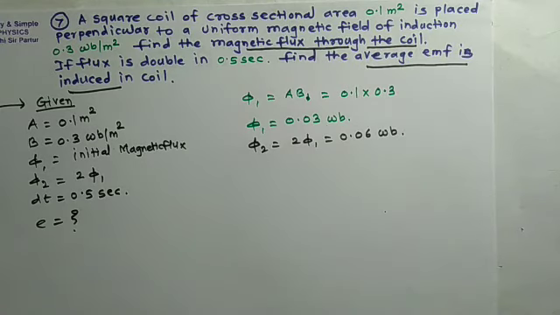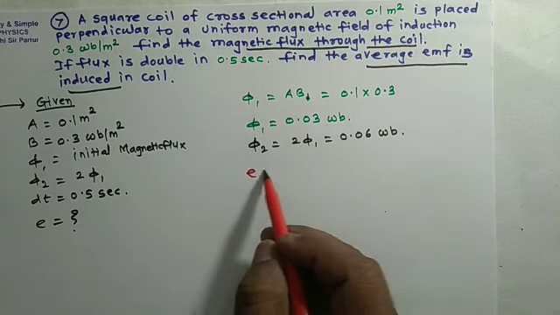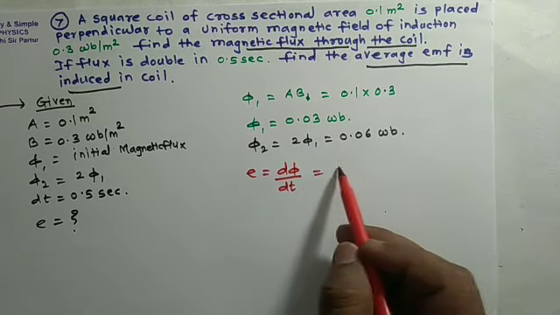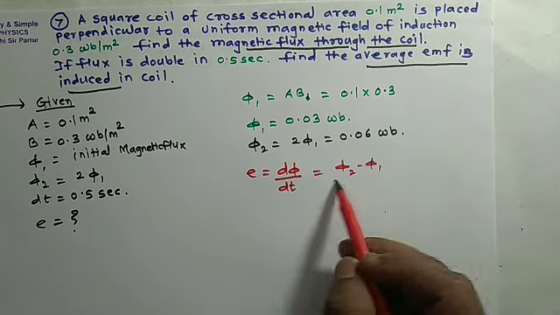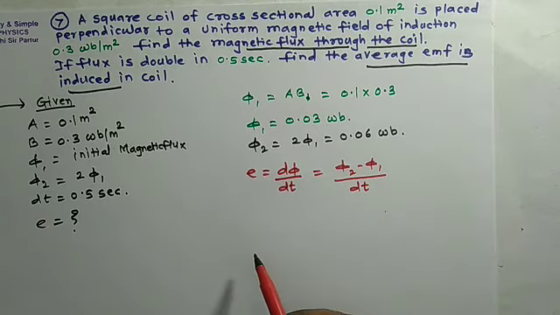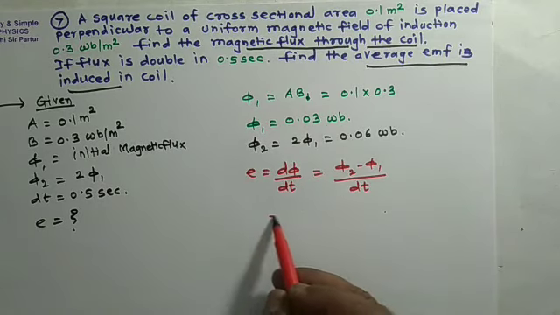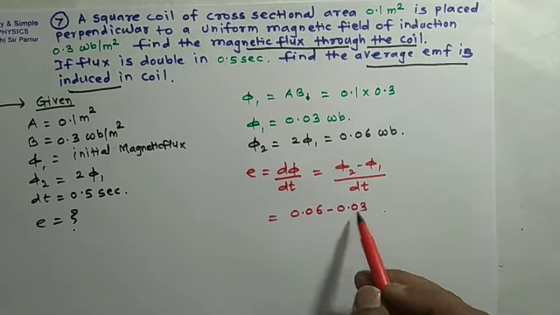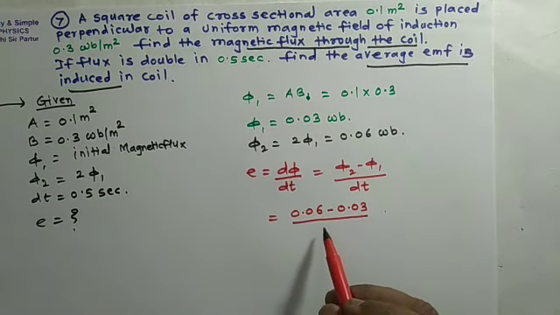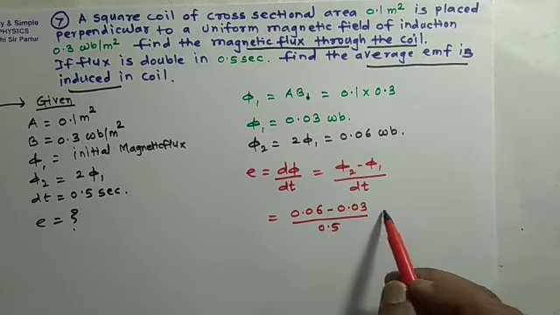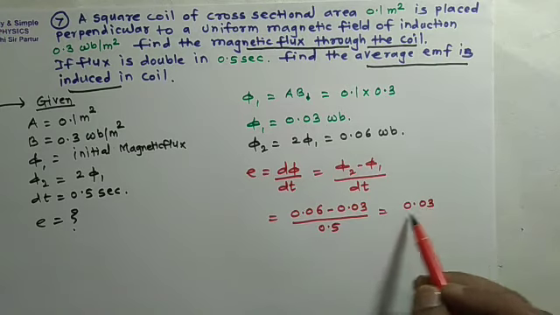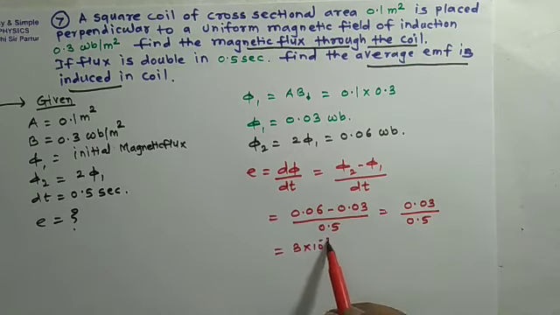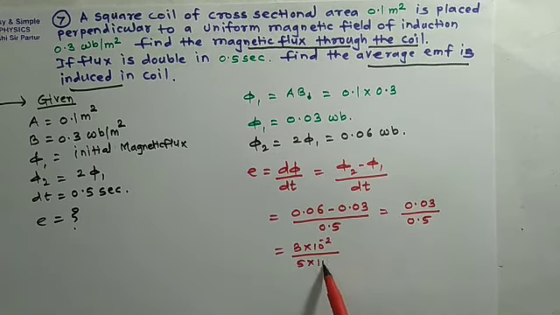And we can find out the EMF. So the magnitude of EMF is equal to d phi upon dt, which is Phi2 minus Phi1 upon dt. If we substitute the values of Phi2 and Phi1, it will be 0.06 minus 0.03 divided by 0.5. So it becomes 0.03 upon 0.5, which is 3 into 10 raised to minus 2 divided by 5 into 10 raised to minus 1.